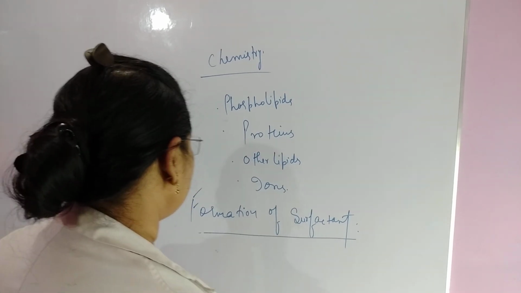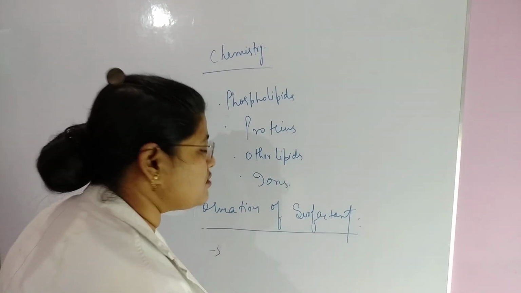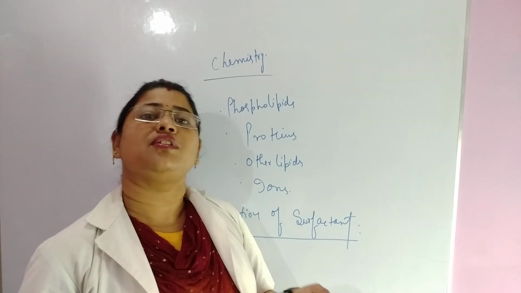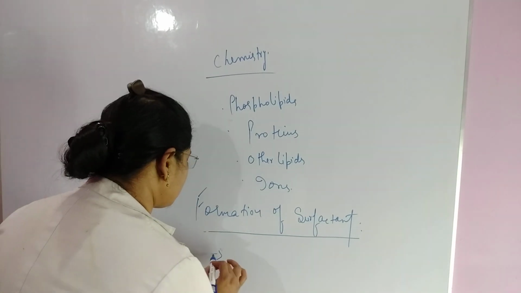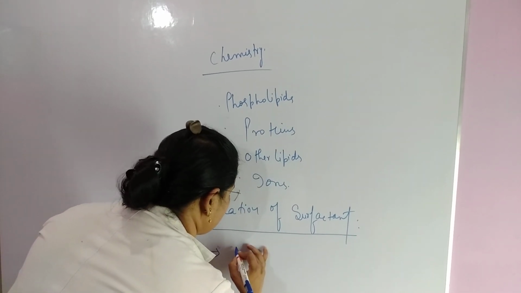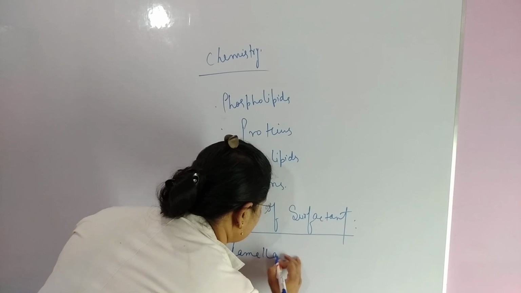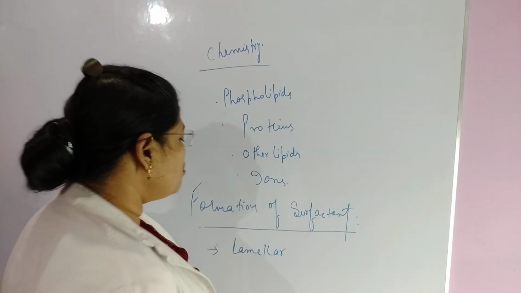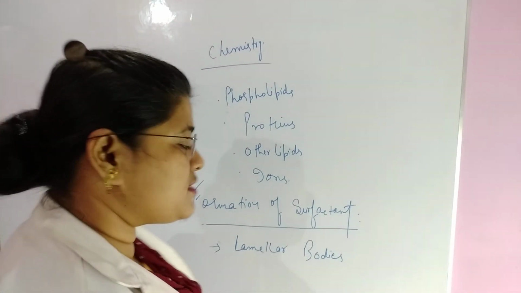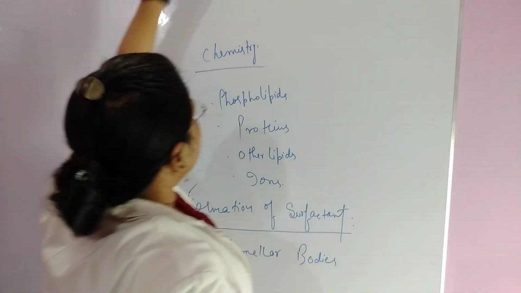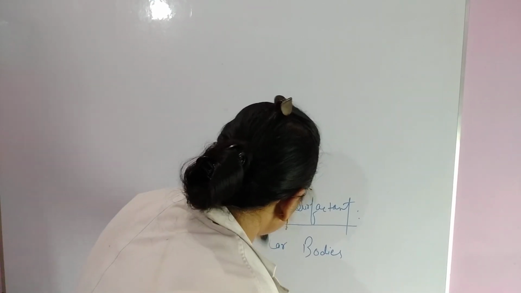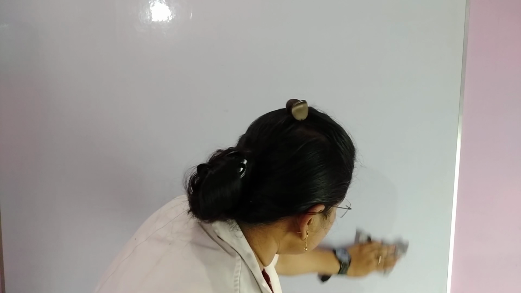Formation of surfactant: it is formed from intracellular sources of alveoli, which have special membrane bound organelles known as lamellar bodies. Lamellar bodies are membrane bound cell organelles.